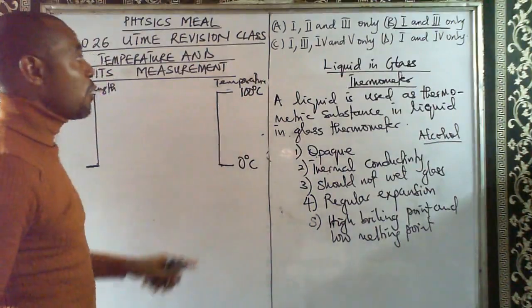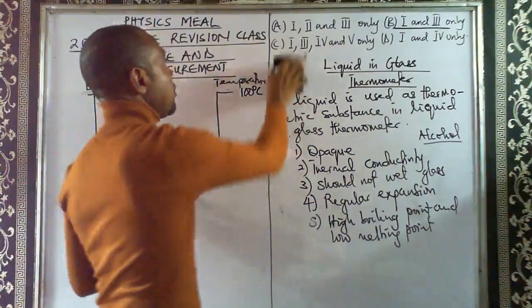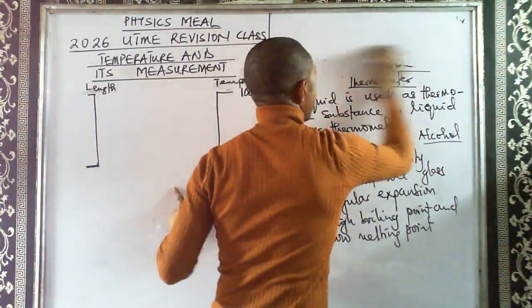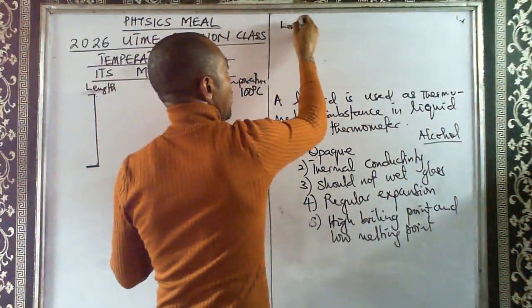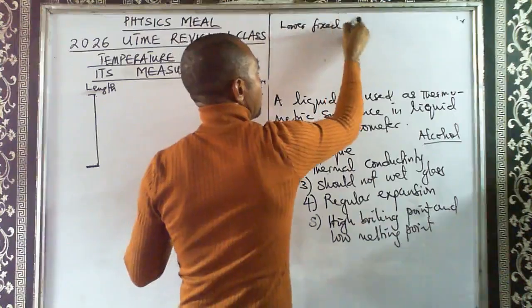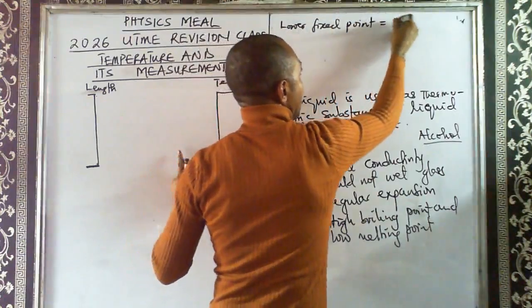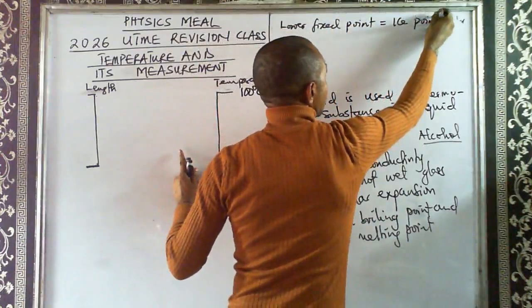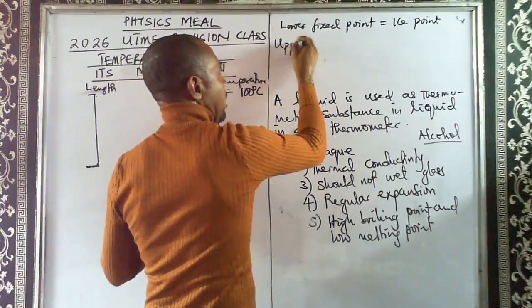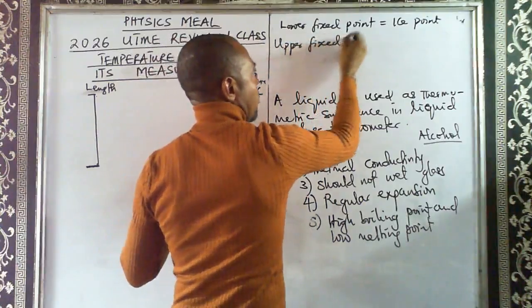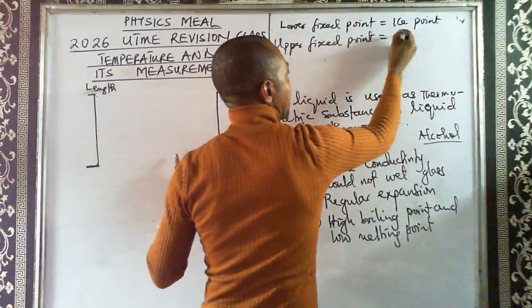100. Remember that we said the lower fixed point is the same thing as what? Ice point. And then our upper fixed point is the same thing as what?